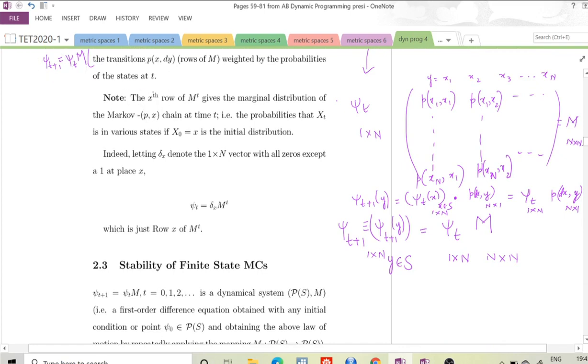Suppose, so notice using this, here is a fact. So let me backtrack. This formula tells me that the marginal ct is equal to the initial distribution c0 times the matrix m multiplied out t times, m into m into m, yeah, m to the t.